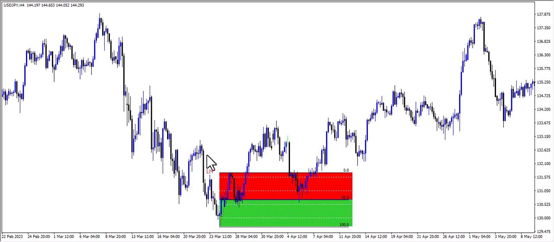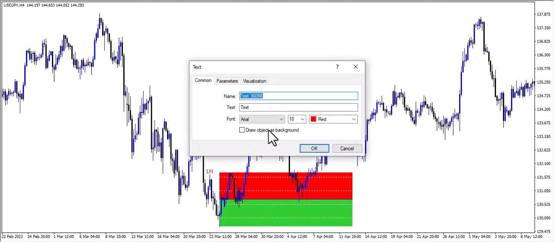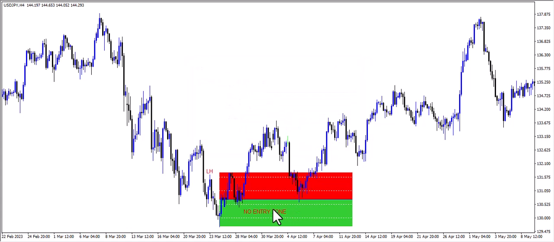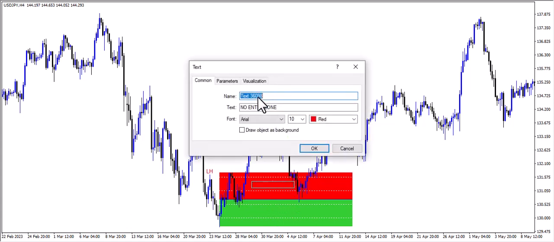And then what you want to do next, right? You mark your places of buying and no buying. This is a no entry zone. Sorry, the red is a no entry zone, and then I'm gonna make it white.